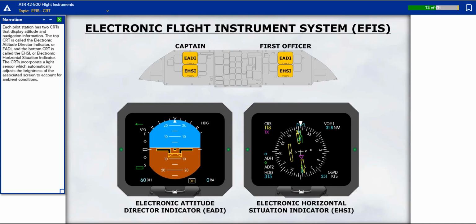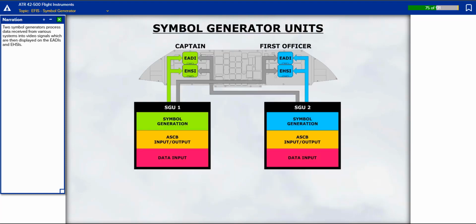The CRTs incorporate a light sensor which automatically adjusts the brightness of the associated screen to account for ambient conditions. Two symbol generators process data received from various systems into video signals which are then displayed on the EADIs and EHSIs.